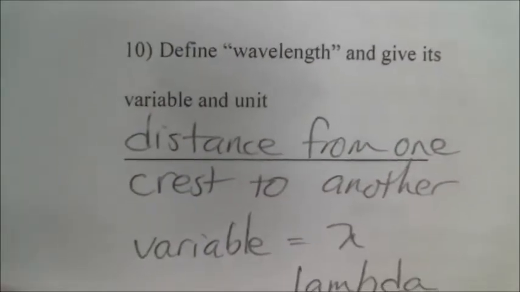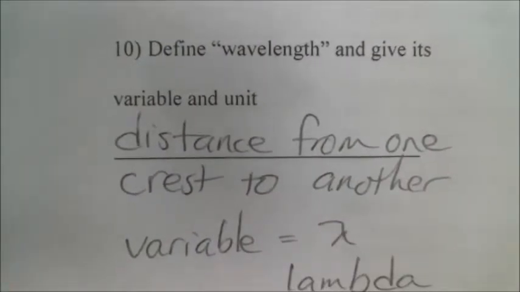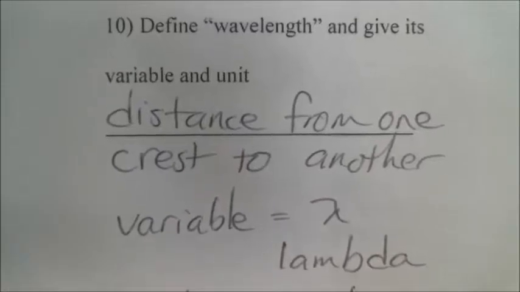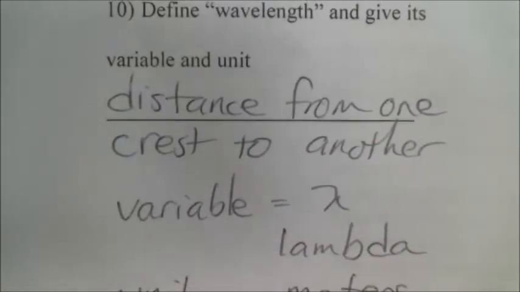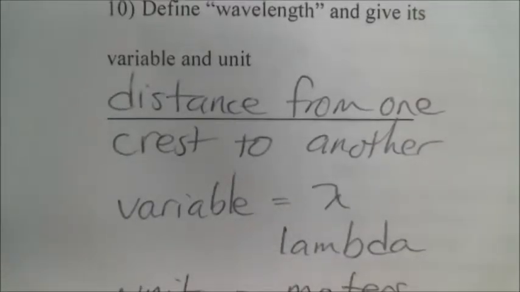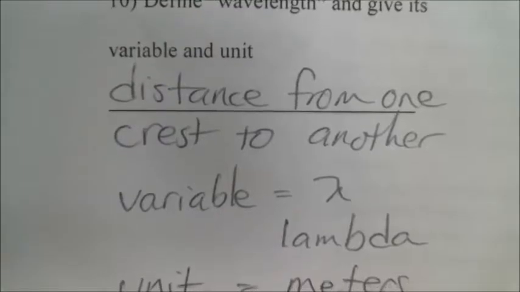Number 10. Define wavelength and give its variable and unit. Wavelength is the distance from one crest to another. The crest, remember, is the top of a transverse wave. You could also say that it's the distance from one trough to another. It's going to be the exact same distance. But we'll make our definition here as short as possible.